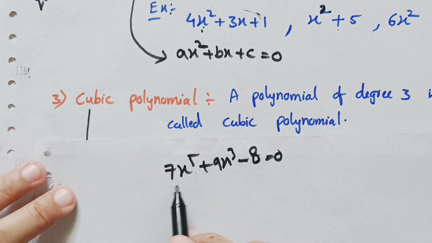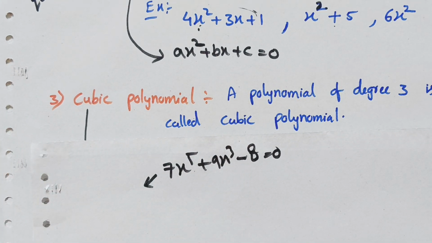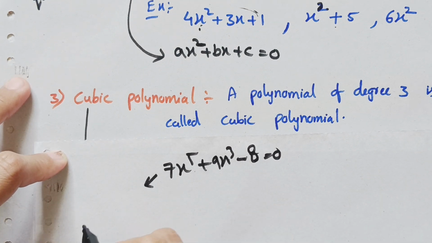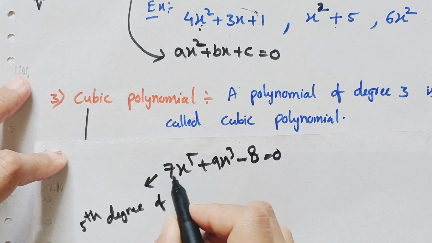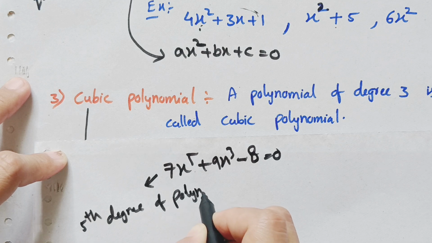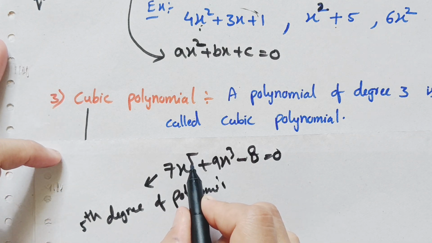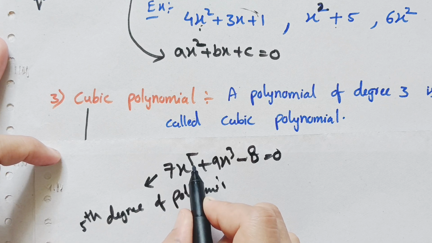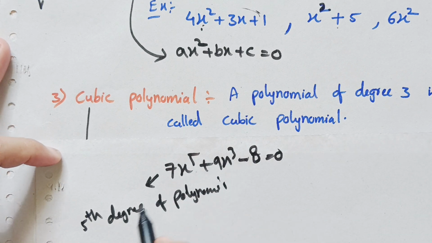What do we call this type of polynomial? We don't have any particular name, but you can say fifth degree polynomial. Why? Because we have the power 5 for the variable, which is the highest in this. So we can say this polynomial is a fifth degree polynomial.